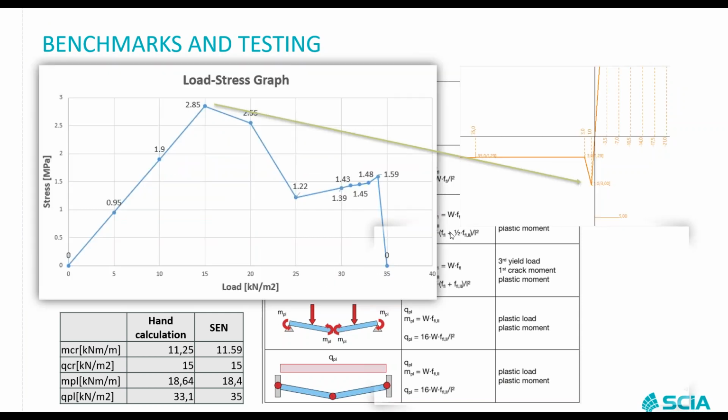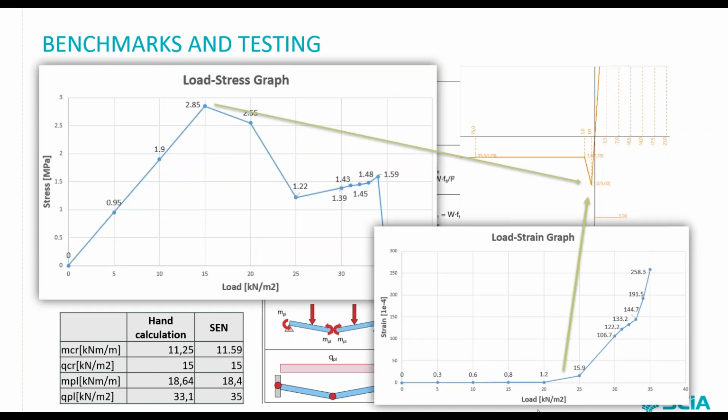Also, if we compare the strain diagram, you will see the material up to 15 also behaves in a linear way. Then after 15, the strain starts increasing. At 15 we are here, it should give us 1.0, and in our case 0.8.